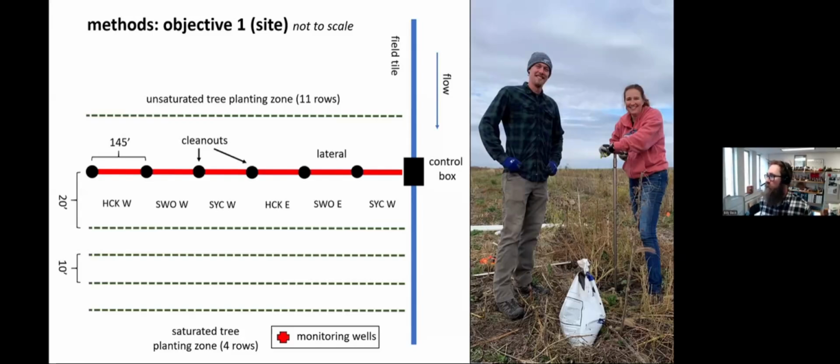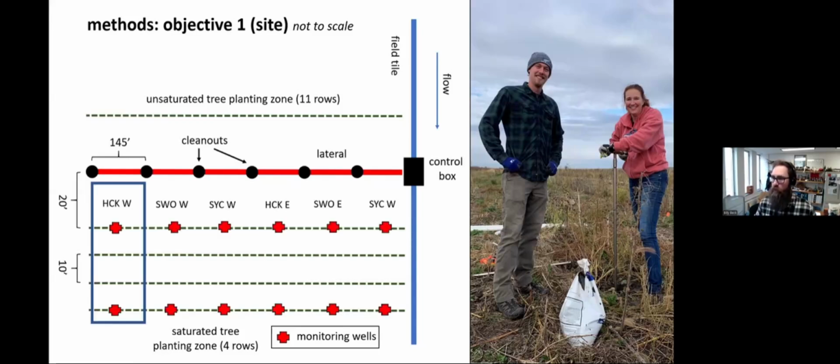Logan Hammond. So flow coming down, control box diverts the lateral 875 feet. With that, we were able to get 6 treatment plots of 145 foot width each. So a treatment plot, that blue rectangle there, we've got 3 species that we selected for the project, 2 reps of each.